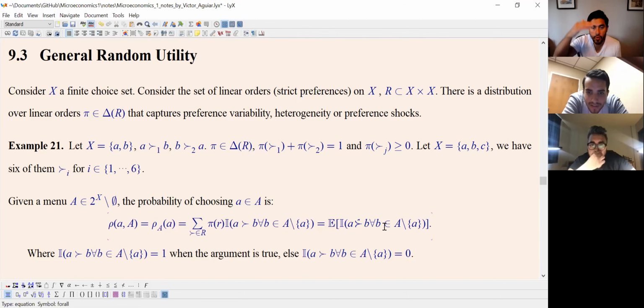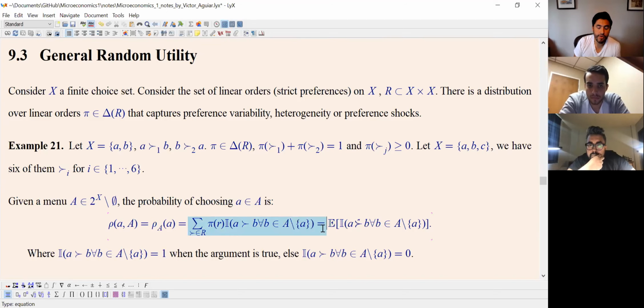So there's a wiggle on top. This is an expectation of this indicator function. This is my expectation of you picking A over B, A over all items, in fact. So A is the best according to this particular ranking in that menu. And this is the probability. So this is an expectation.